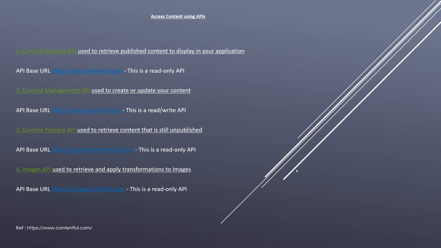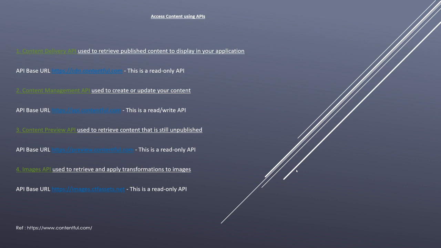That means I hope you are already aware of the basic concepts of CMS, like content delivery network, content management network, and the preview APIs. So wherever we talk about content delivery APIs, that comes to the point where we are seeing the content on the production environment.